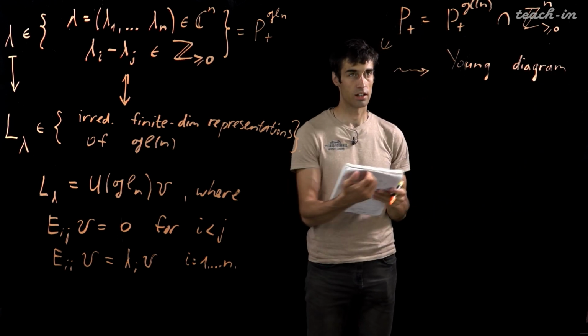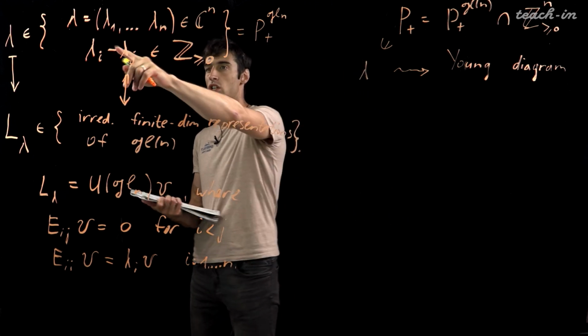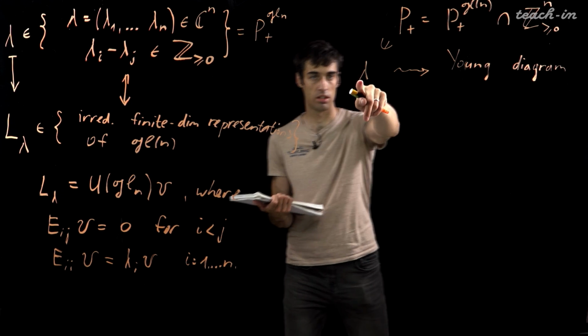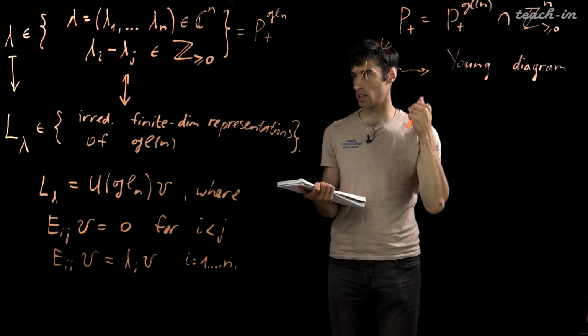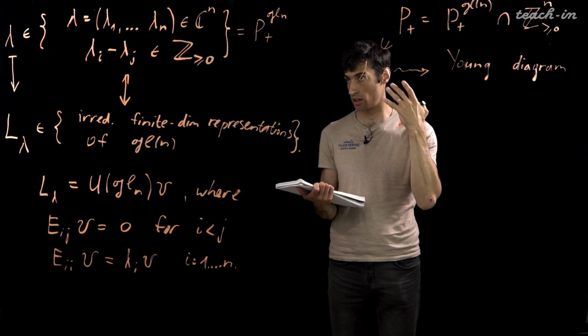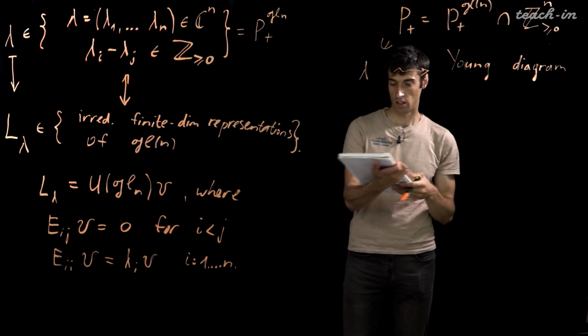What is a Young diagram? Now each lambda_i here, since lambda lives in here, is a non-negative integer.